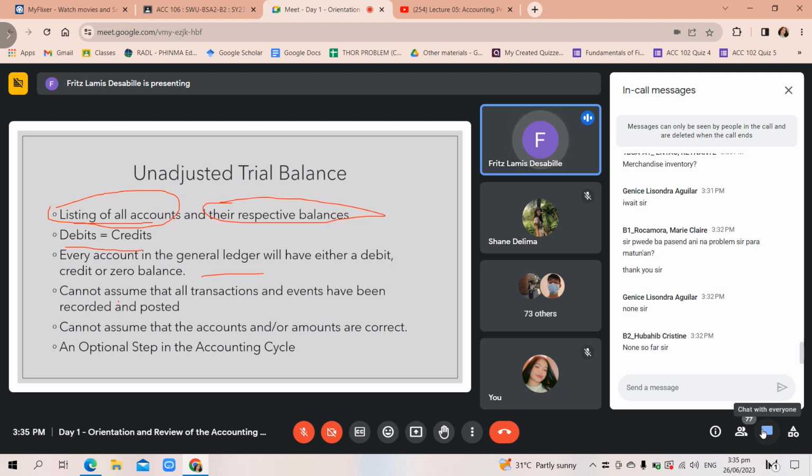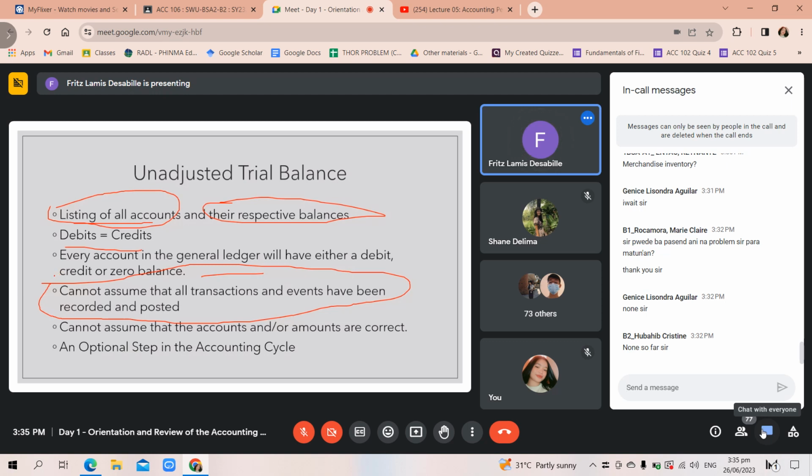So we cannot assume that all transactions and events have been recorded and posted. These are errors which cannot be detected by a trial balance.